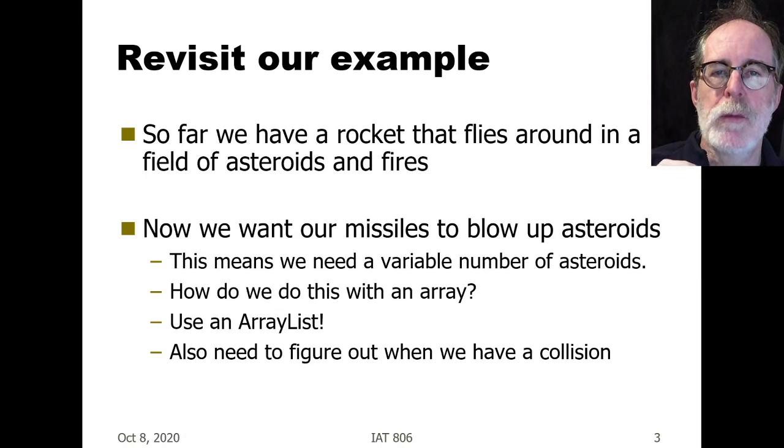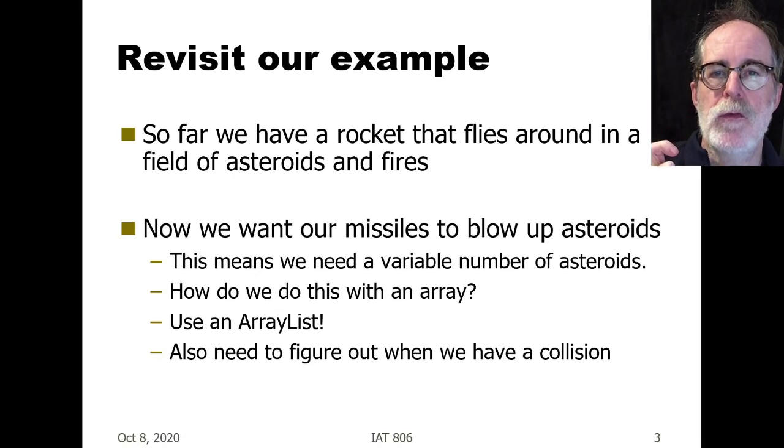So we're going to implement elements of that for our running example, with the exception that there are only big and small asteroids in our case, and it's got certain limited facilities. For the example purpose of this lecture, we want our missiles to blow up asteroids. Right now, if you recall, we have asteroids that are stored in an array of fixed size.